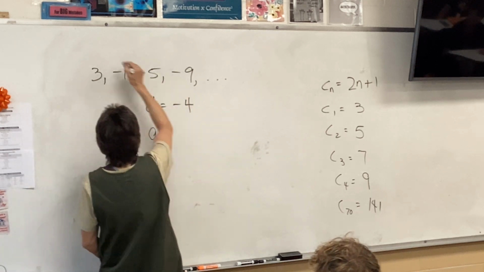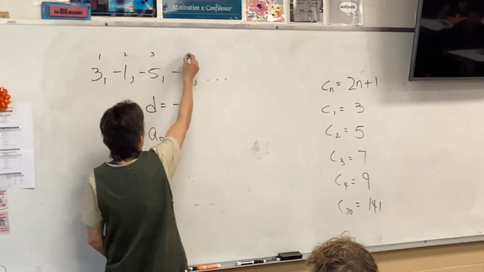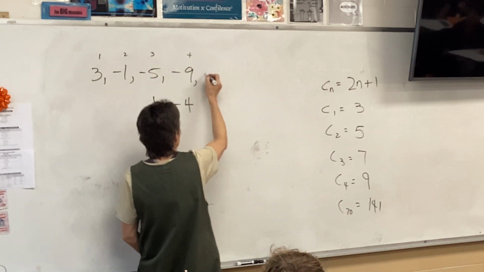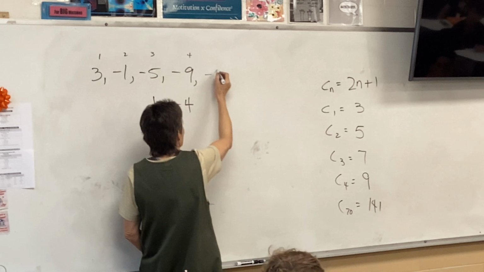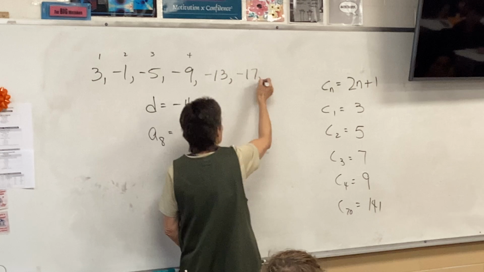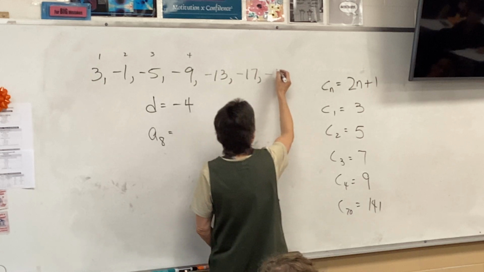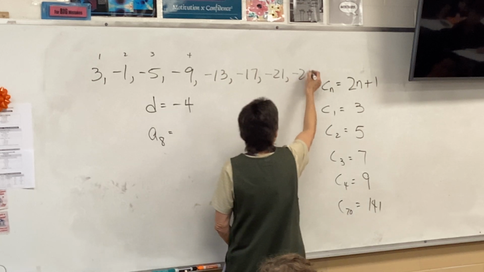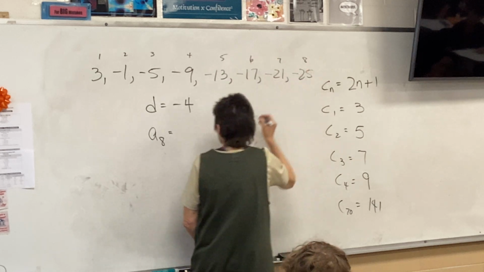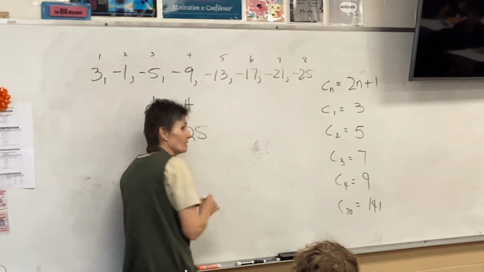So this is the first term, second term, third term, fourth term. So if I just keep subtracting 4, this would be -13, -17, -21, and -25. Is that the 8th one? Oh, we have to add -4 to keep going. All right.